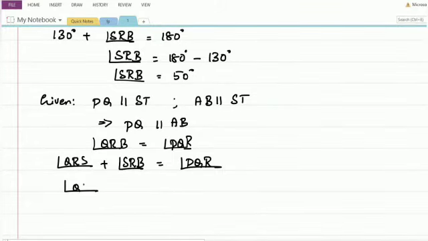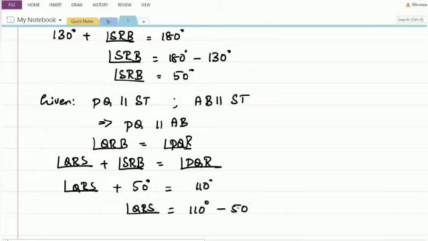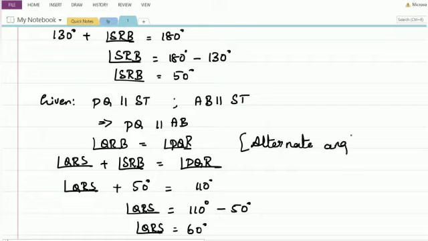So angle QRS plus we have found SRB is 50 degree equal to, I know that angle PQR is 110 degree. So angle QRS will be equal to 110 minus 50 degree. So when you subtract, you will be getting QRS equal to 60 degree. So here let us write the reason. It is because alternate angles are equal.